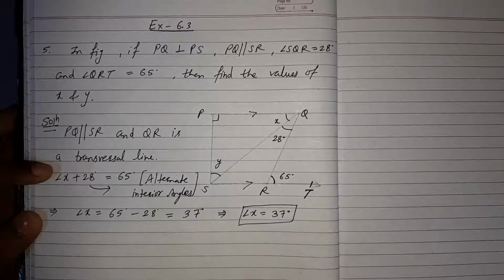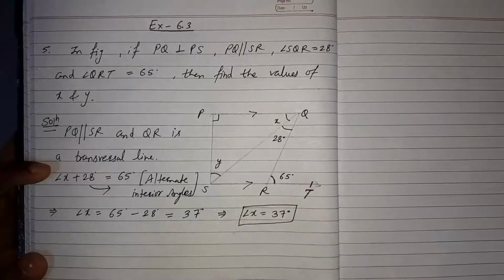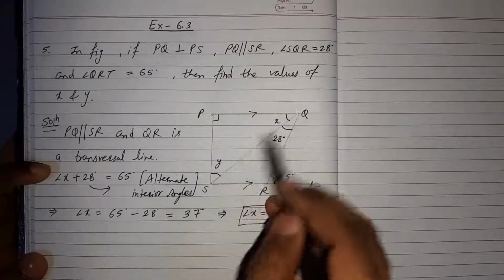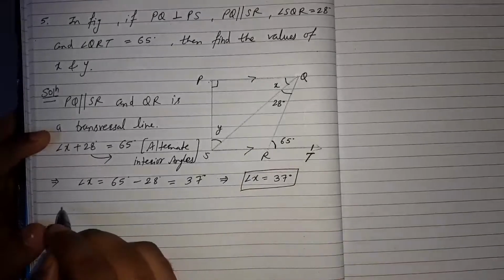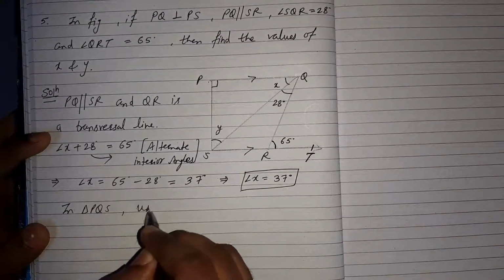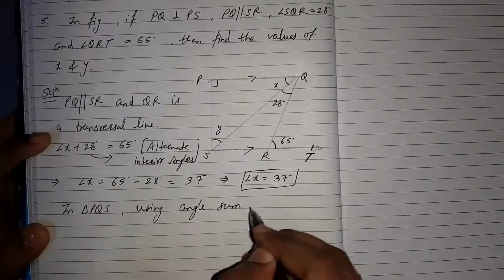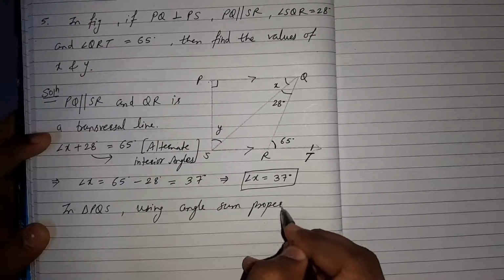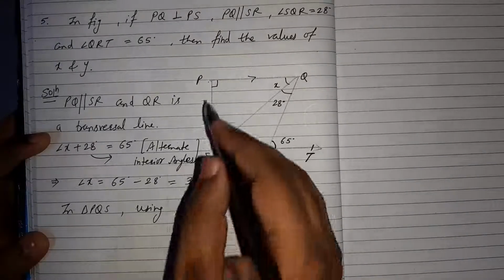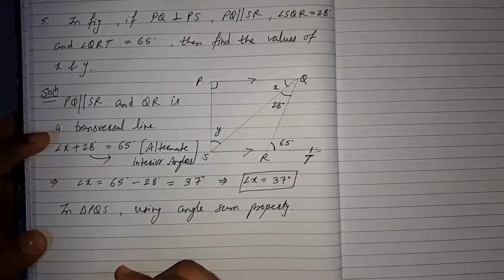Now in triangle PQS, using angle sum property, angle P is 90 because PQ is perpendicular to PS.